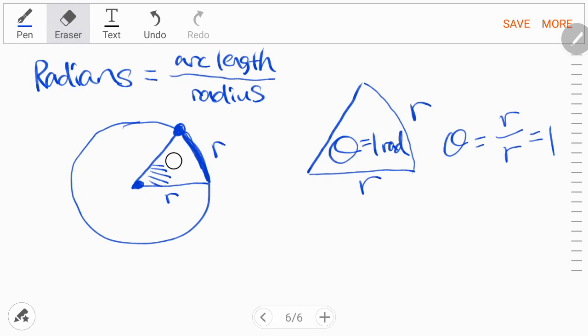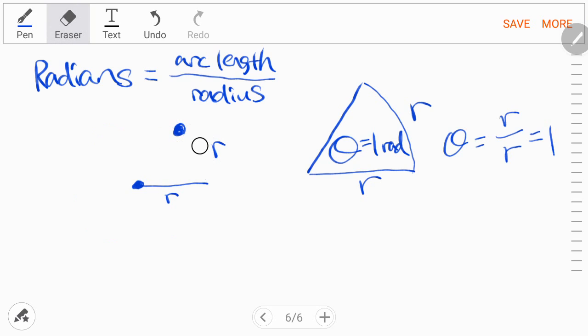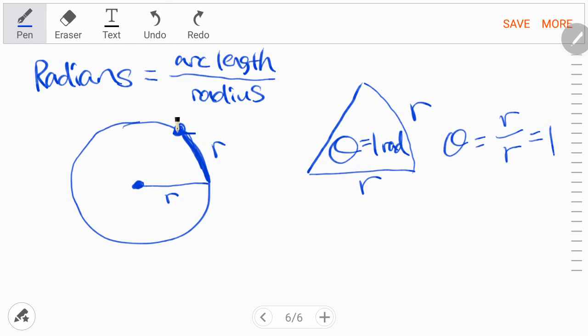Now if I say, instead of going that much, I'm going to go a bit more, even more. So I'm going to go 2r. So r here, r there. Now I have this sector.